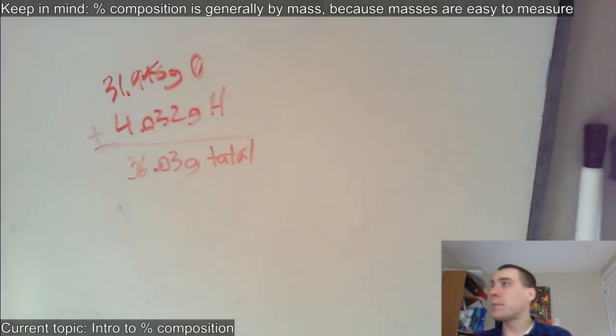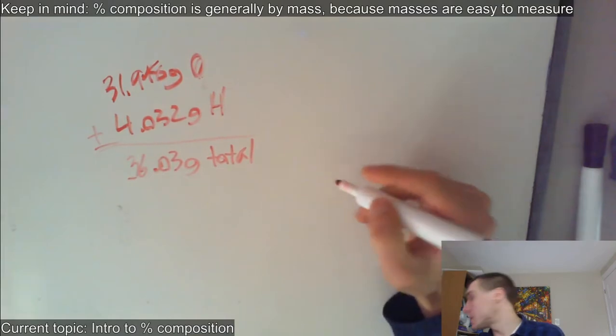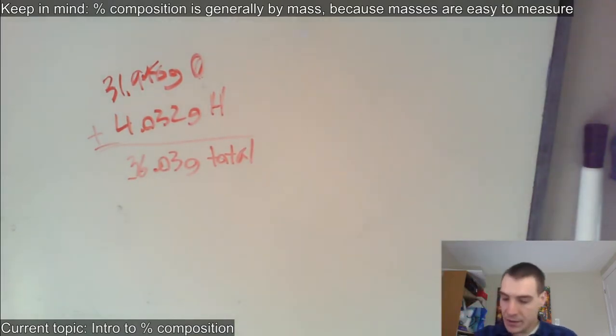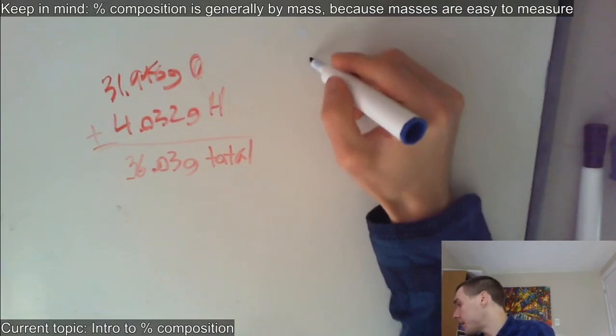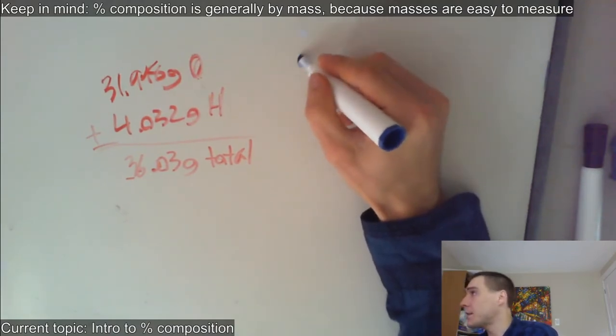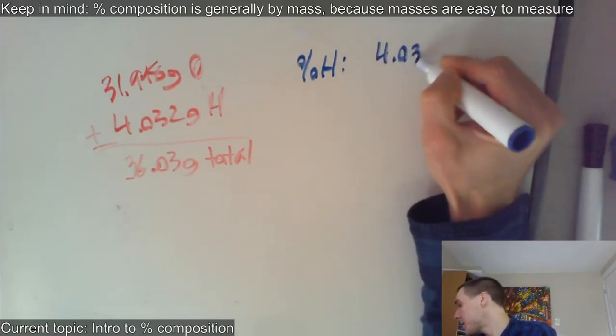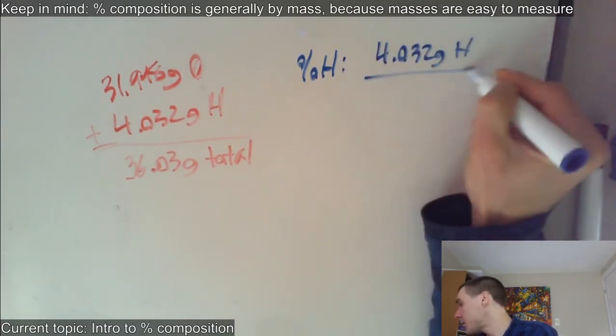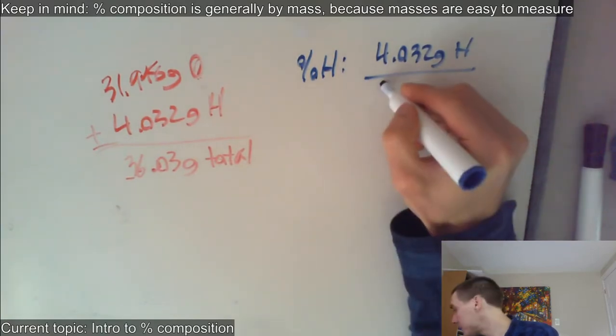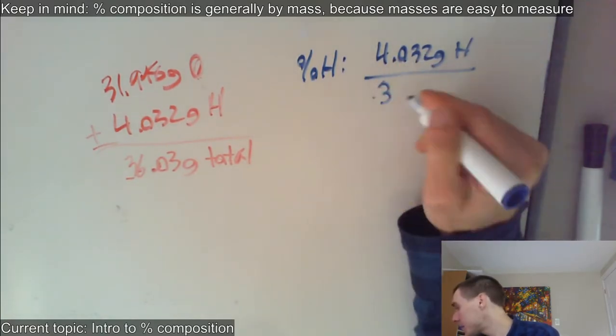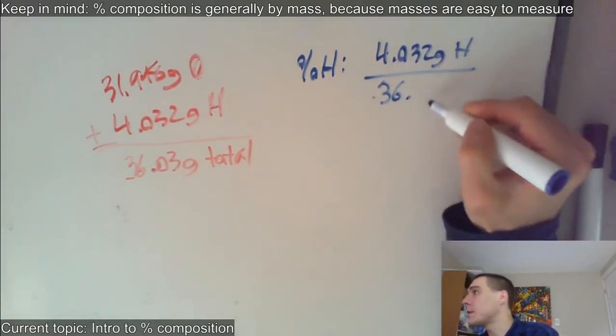And then you could work out the percentages of the composition. So if it's the percent hydrogen, it would be 4.032 grams of hydrogen over the total, the 36.03, just like any kind of percent. It's whatever you get over the total.